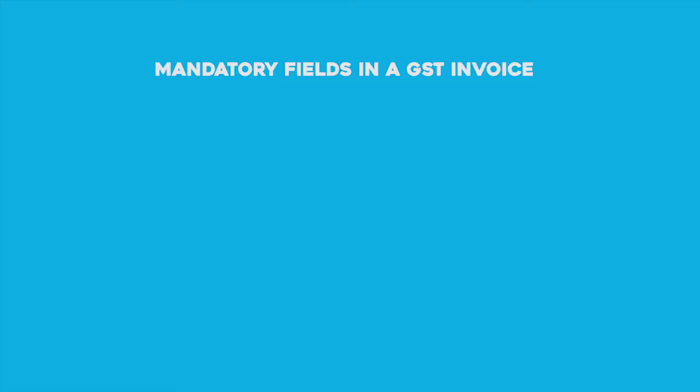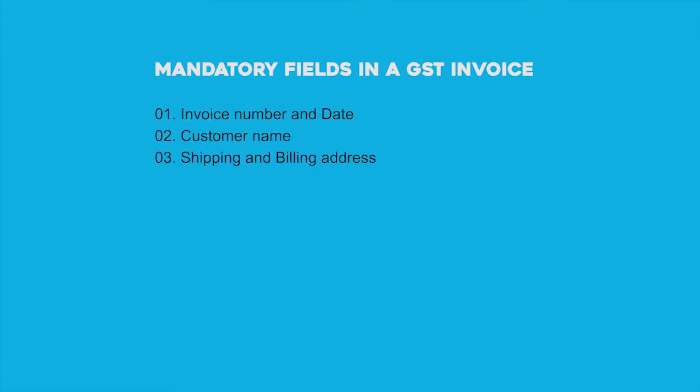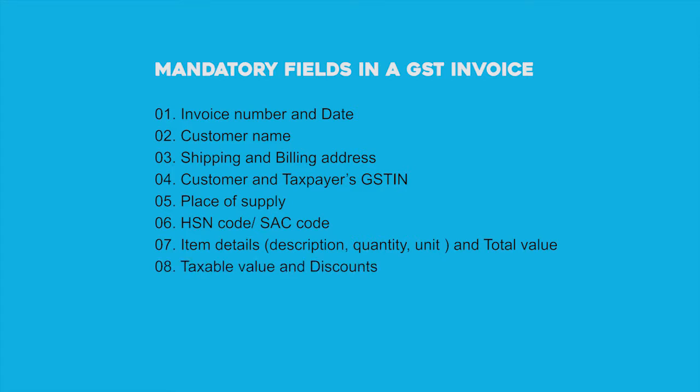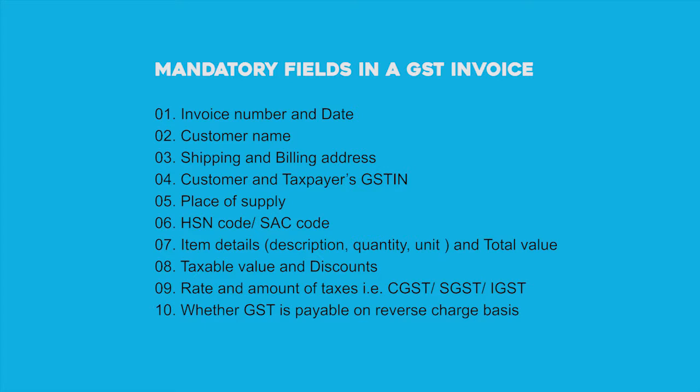A GST invoice must have the following mandatory fields: invoice number and date, customer name, shipping and billing address, customer and taxpayer GSTIN if registered, place of supply, HSN code, SAC code, item details, that is description, quantity, unit and total value, taxable value and discount, rate and amount of taxes, that is CGST, SGST, IGST, whether GST is payable on reverse charge basis, and signature of the supplier.